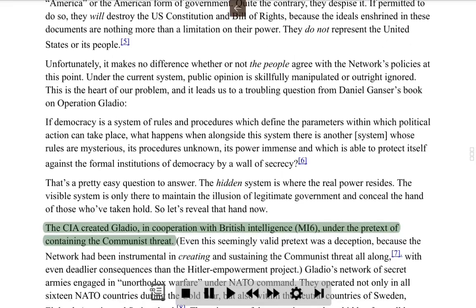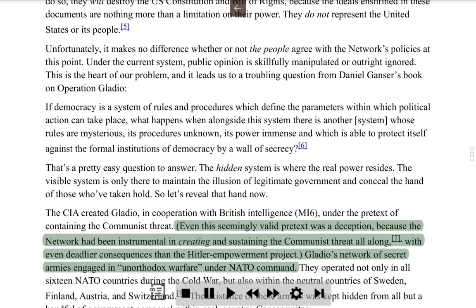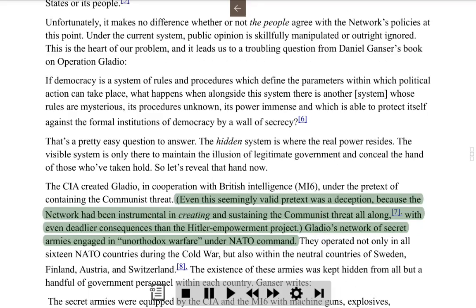The CIA created Gladio, in cooperation with British intelligence, MI6, under the pretext of containing the communist threat. Even this seemingly valid pretext was a deception, because the network had been instrumental in creating and sustaining the communist threat all along. 7.